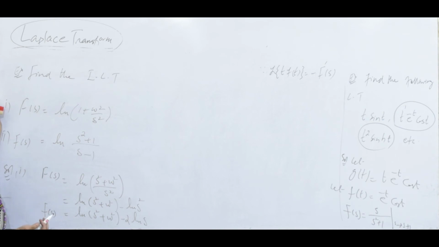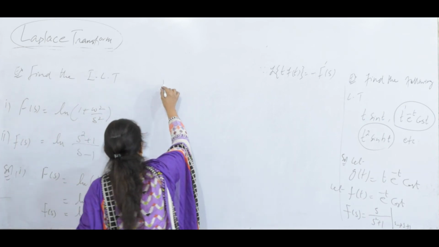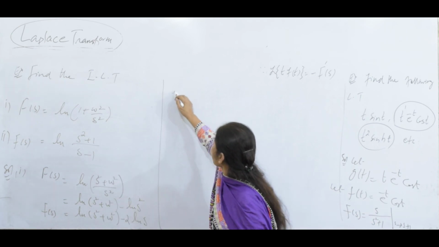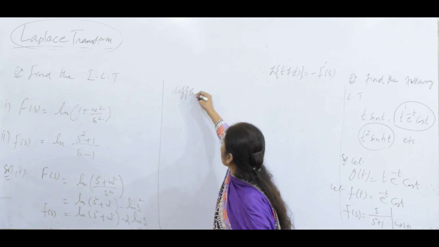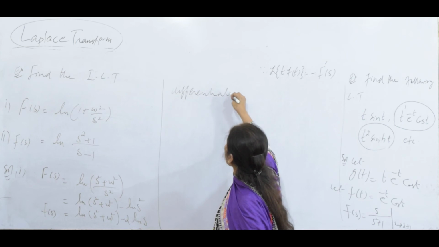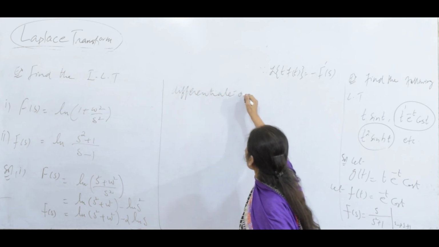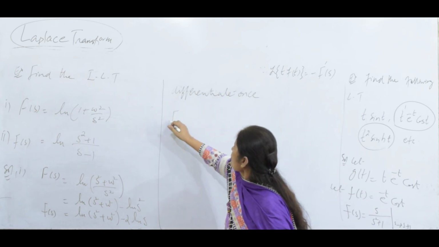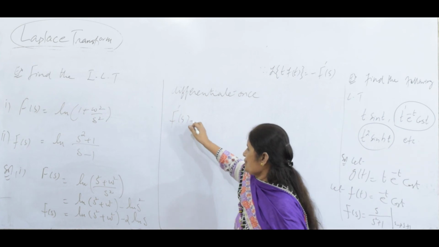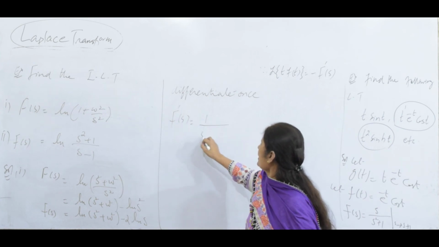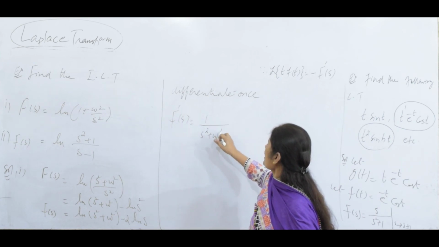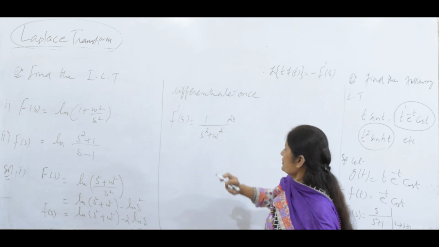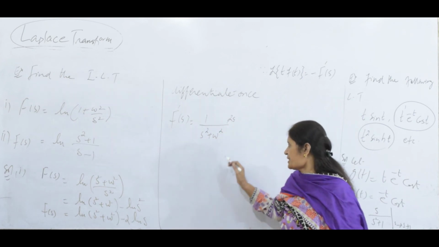Now we have to differentiate once. So this is f dash s is equal to 1 over s square plus omega square into 2s. We are taking the derivative with respect to s.